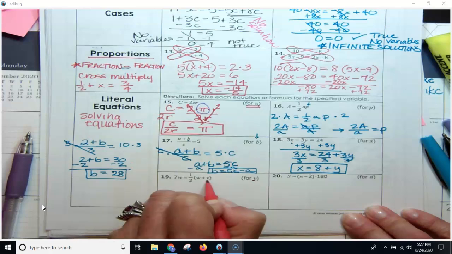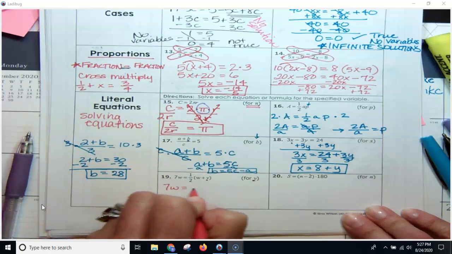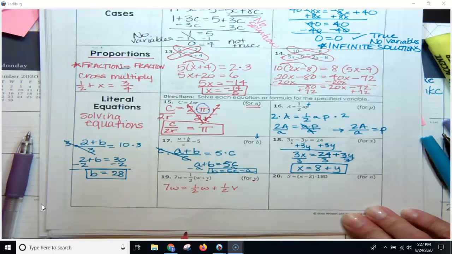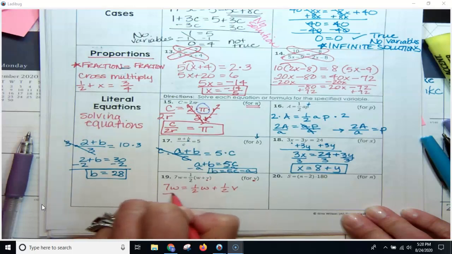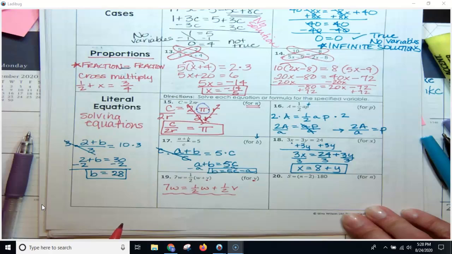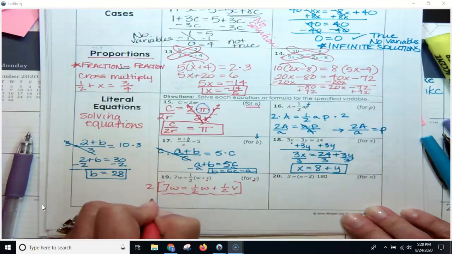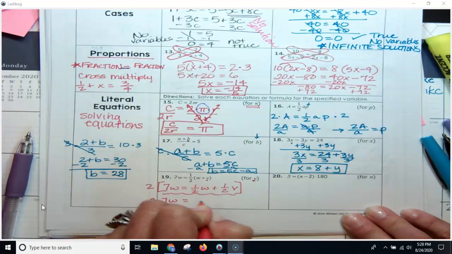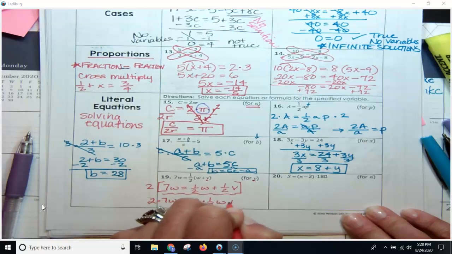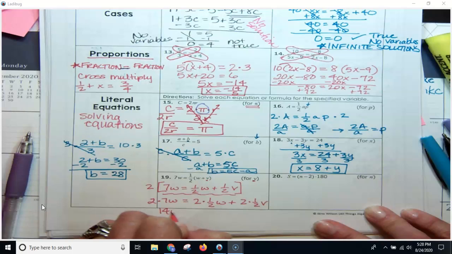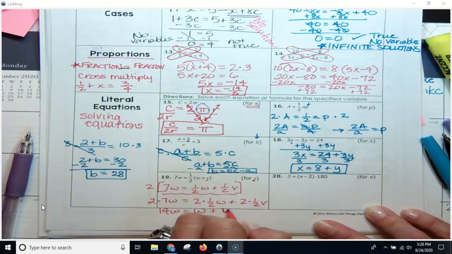We're solving for V. There's my V. At this point, I'm going to go ahead and multiply everything by 2 to get rid of this. It's called clearing the fraction. So when I multiply everything by 2, I would get 2 times 7W equals 2 times 1/2 W plus 2 times 1/2 V. I'm going to get 14W equals W plus V, because 2 times 1/2 is 1.